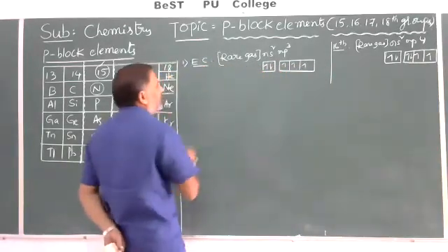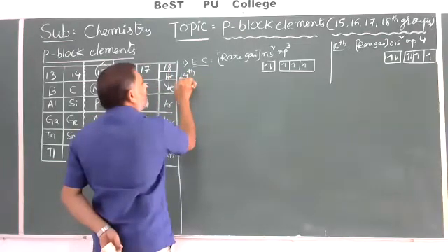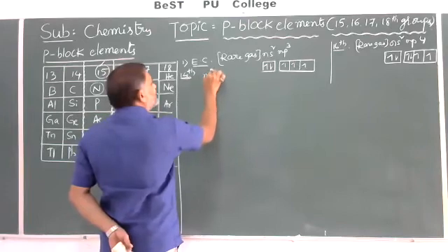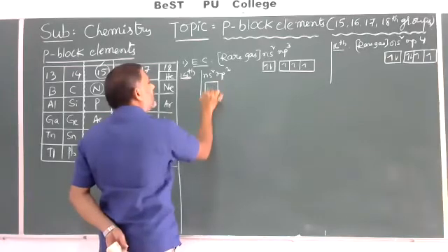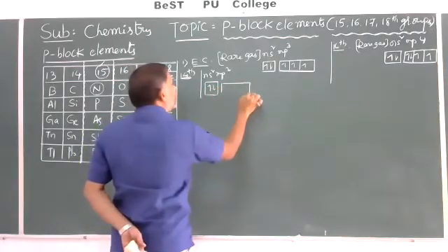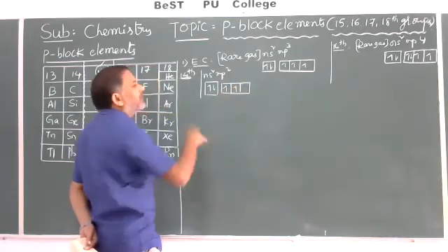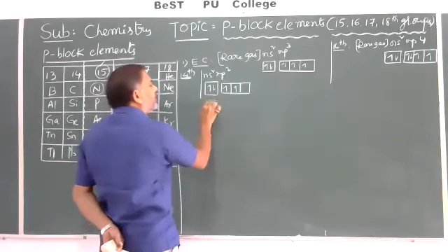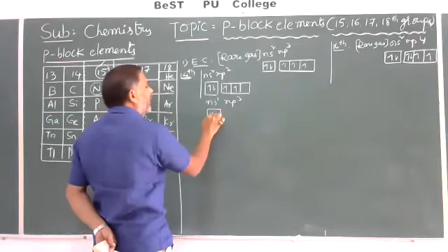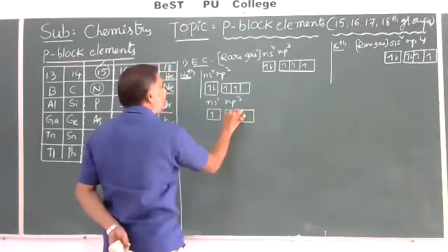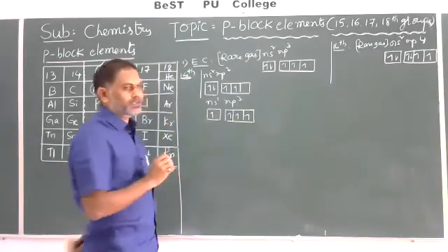For example, the 14th group elements' general electronic configuration is ns2 np2. In its outermost orbit, 2 electrons are paired and 2 are unpaired. But in the first excited state, it is ns1 np3, so 4 unpaired electrons are present, that is the tetravalency of these 14th group elements.